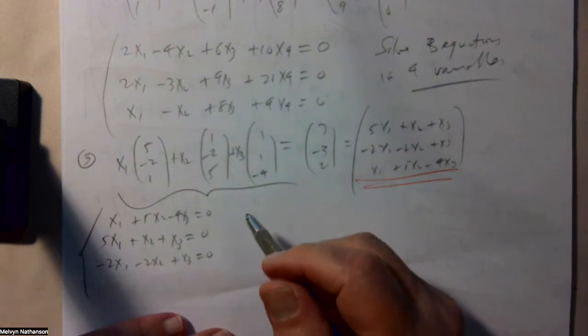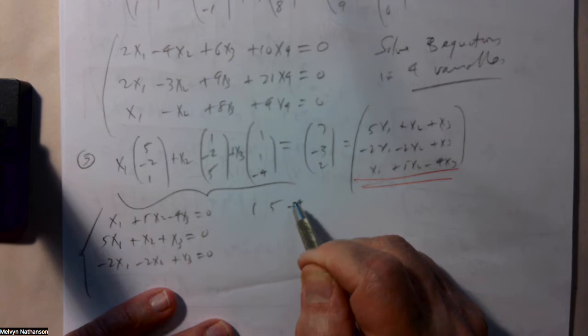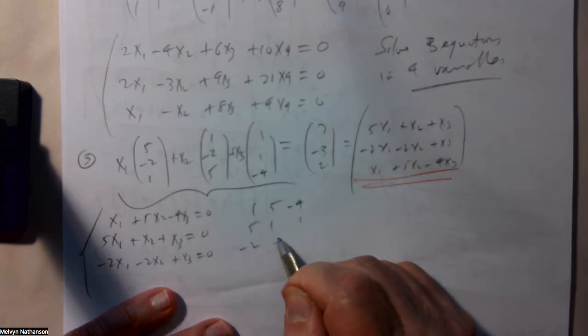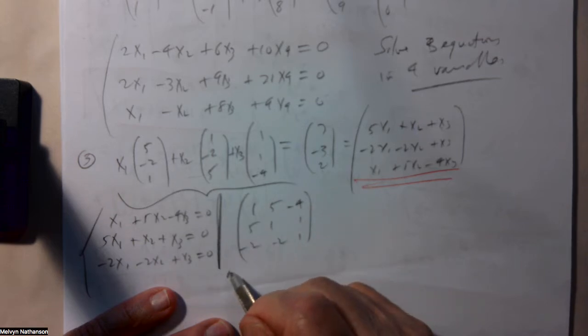How you do it is up to you. For example, let me solve this system of equations this time by writing the augmented matrix of coefficients. So I have this matrix, and I want to put this in reduced row echelon form.